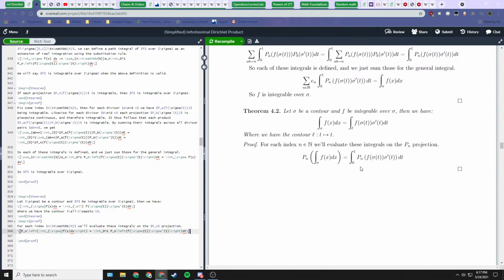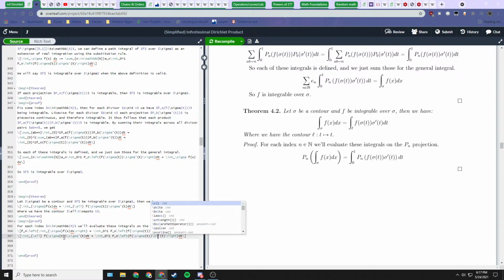The second one, for this other integral on L, is a similar thing, but a little different. What we actually have is that instead of sigma prime, we have L prime, which is 1.